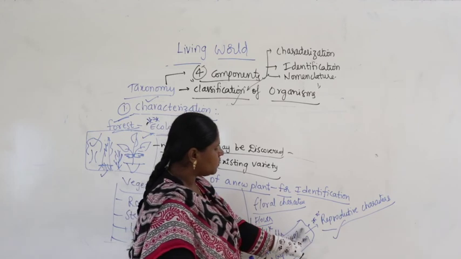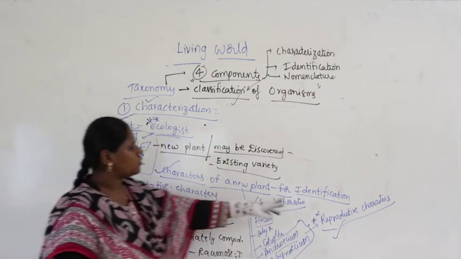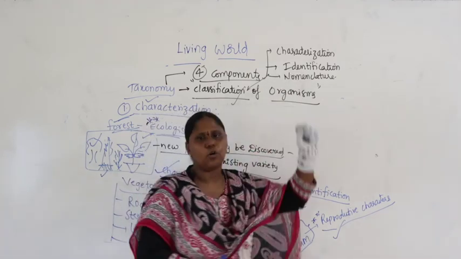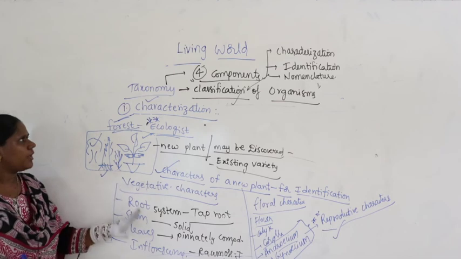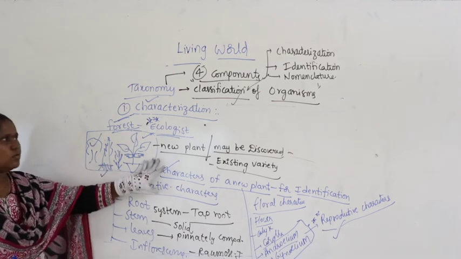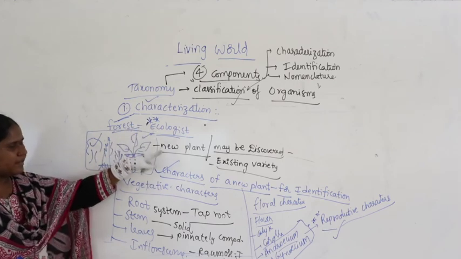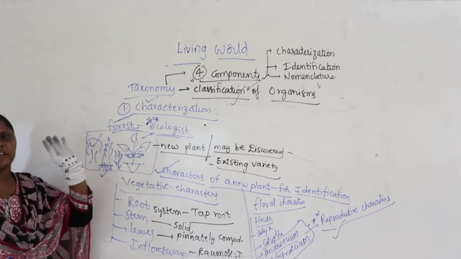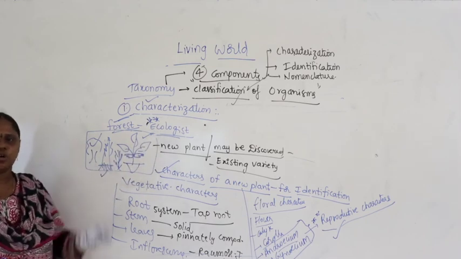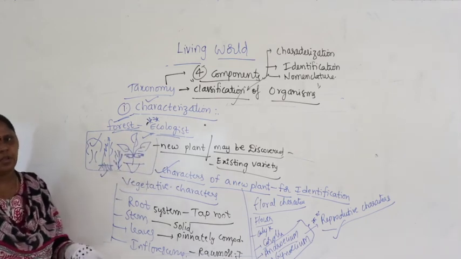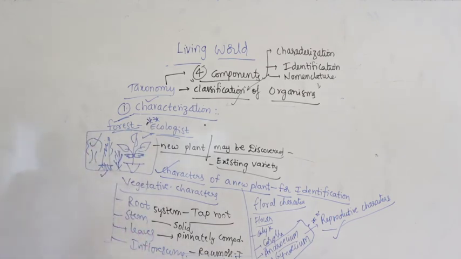So, when you talk about these two that come under reproductive characters, all for the sake of identification of the plant, that comes under the second component of taxonomy. So, if it is entirely a new plant, the ecologist who identified this will get the credit that he identified a new plant, and the ecologist will get the choice to keep his own name. Okay. So, let us continue with the second one, what we call identification.